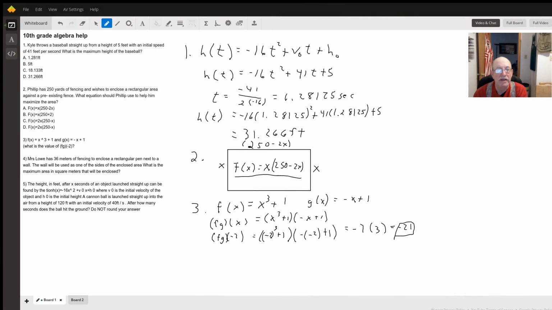Okay, for number one, we've got the old throw the ball straight up in the air speed problem. And the setup for that is the height always equals negative 16t squared plus the initial velocity t plus the initial height. So for our function, we get negative 16t squared plus 41t plus 5.